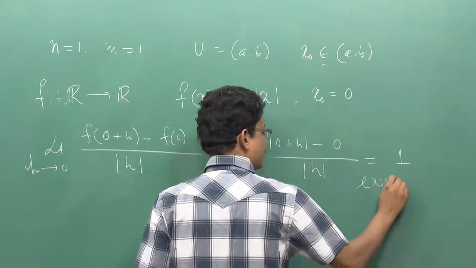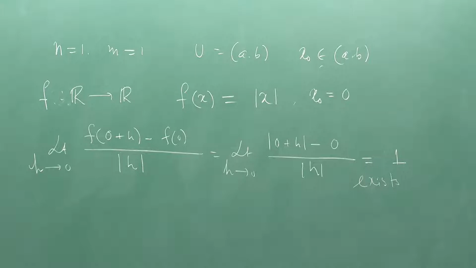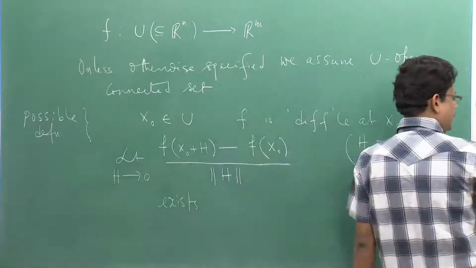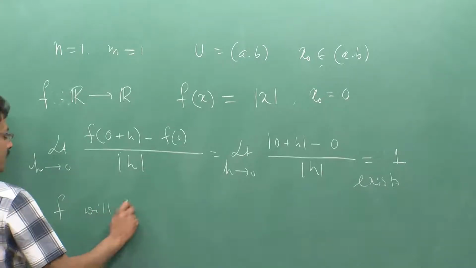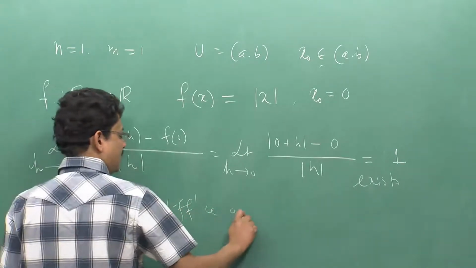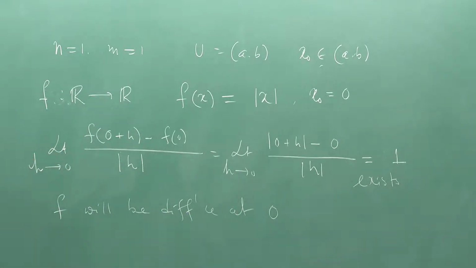So, it exists, that means according to my definition this f will be differentiable at 0, but all of you know it is not.